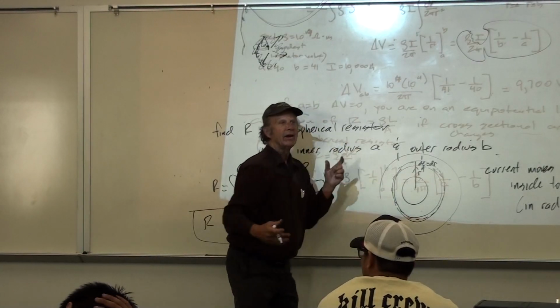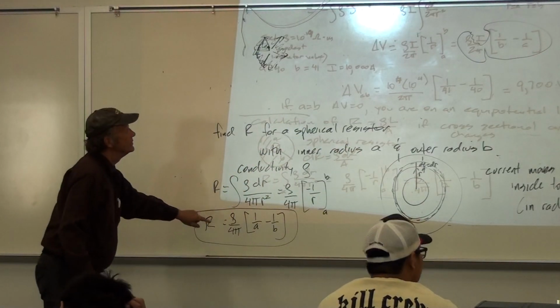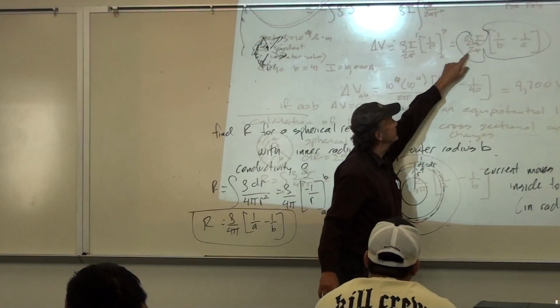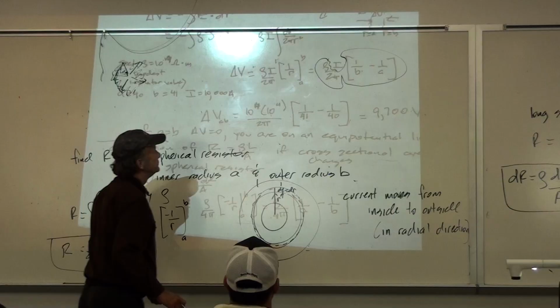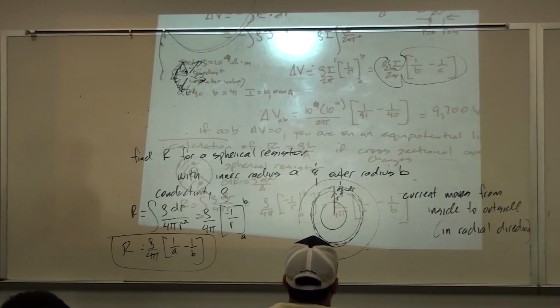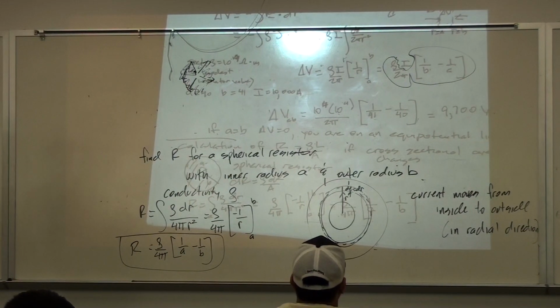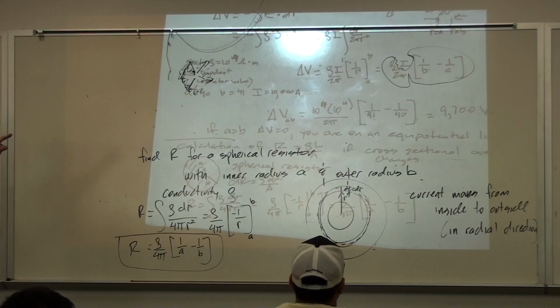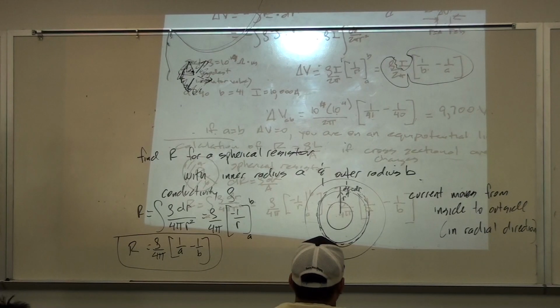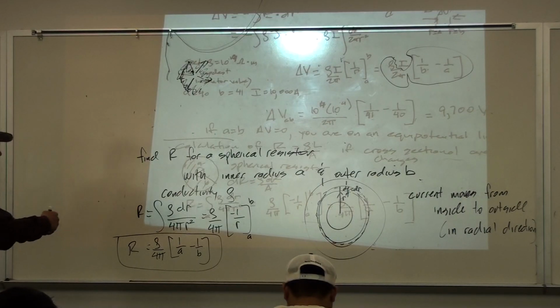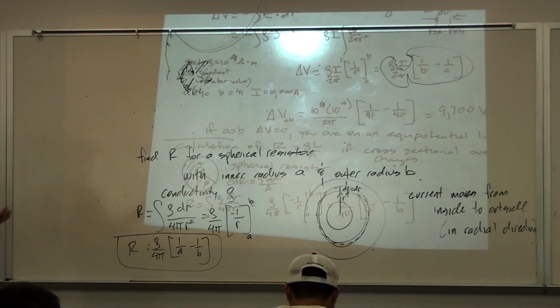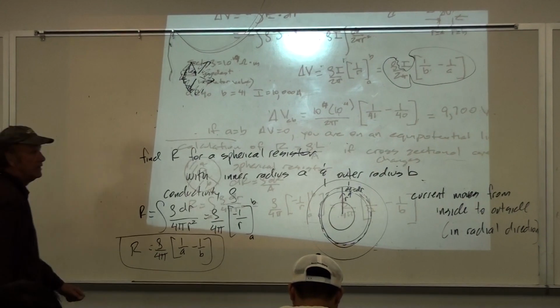Since we have double the area, we have half the resistance. Here we have double the resistance, so it's over 2 pi instead of over 4 pi. But it's essentially just another way of looking at that same problem as an Ohm's law problem, V equals IR, but with a resistance that depends on how far you move through and also the geometry of the conductor.